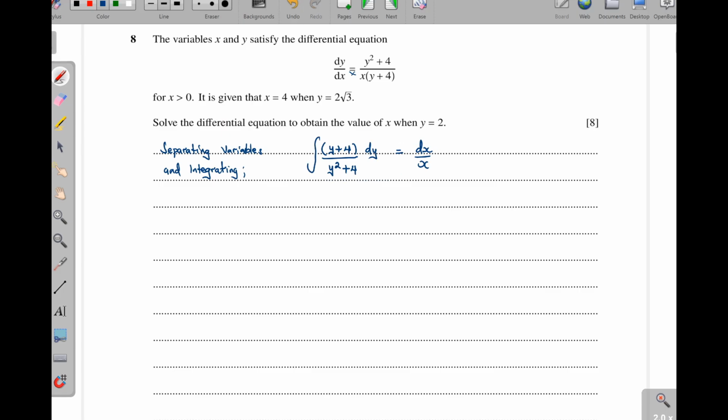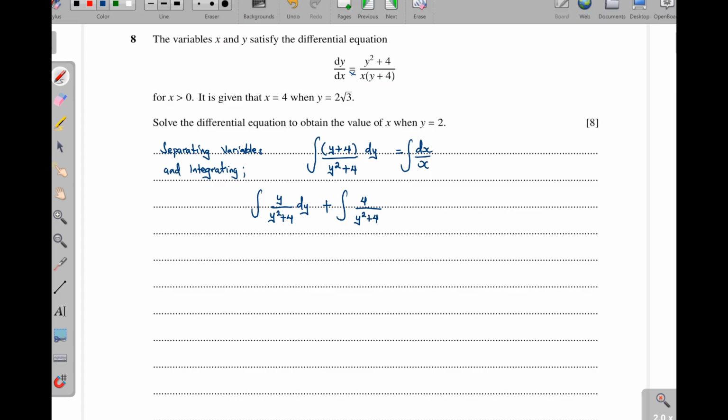Then we begin to integrate on both sides. Okay? Now, this one is y plus 4 over this. So what I'm going to do is to split the numerator. So this one can be the same as saying y over y squared plus 4 with respect to y, plus the 4 over y squared plus 4, because these ones are going to be dealt with differently.